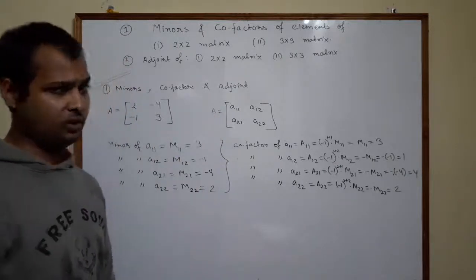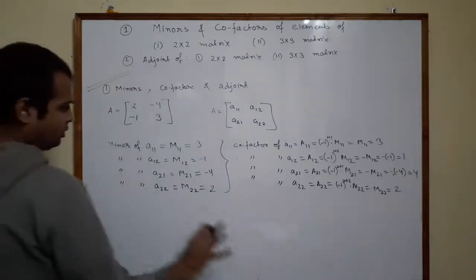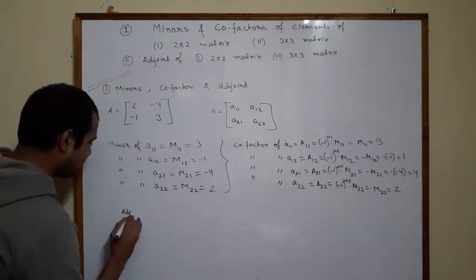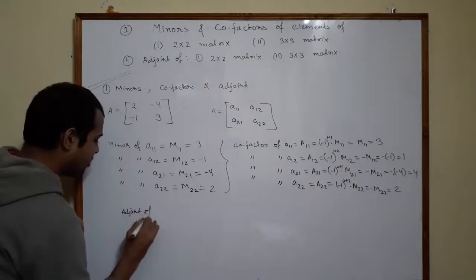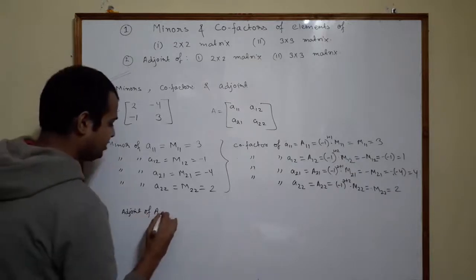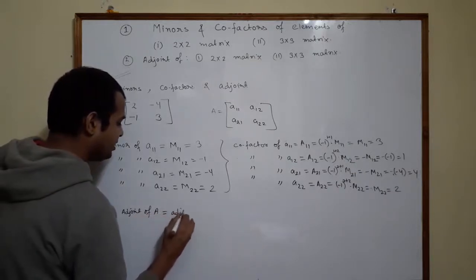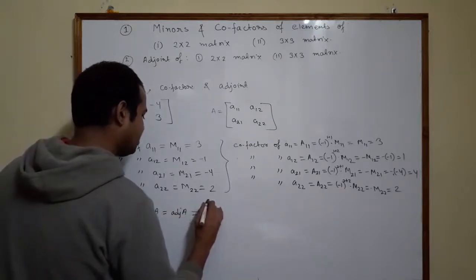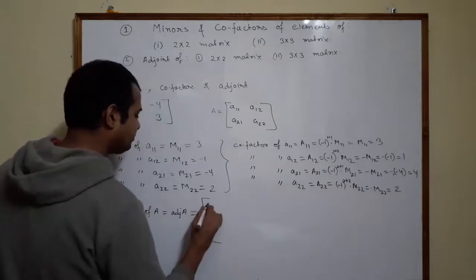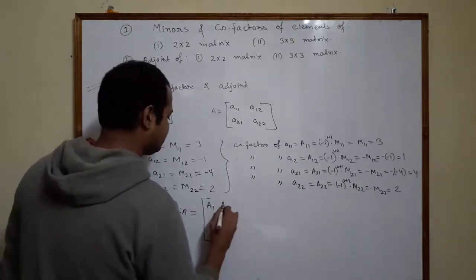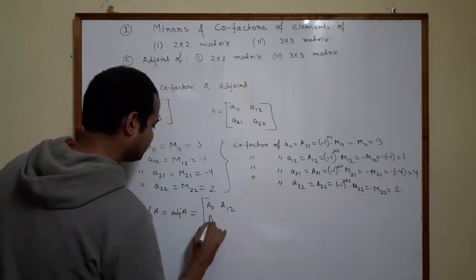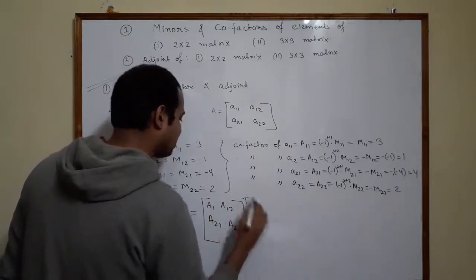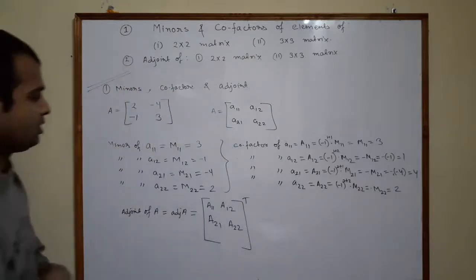Now next is adjoint. The adjoint of A is written as adj A, and mathematically it is equal to the transpose of the cofactor matrix.